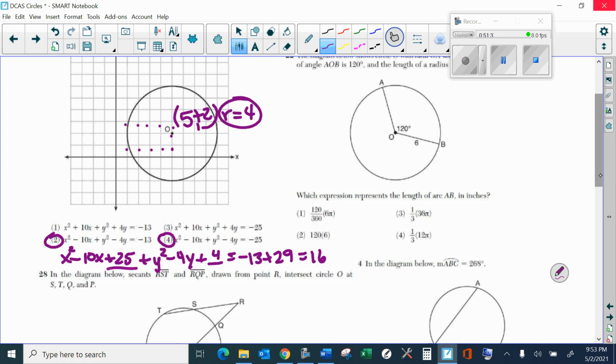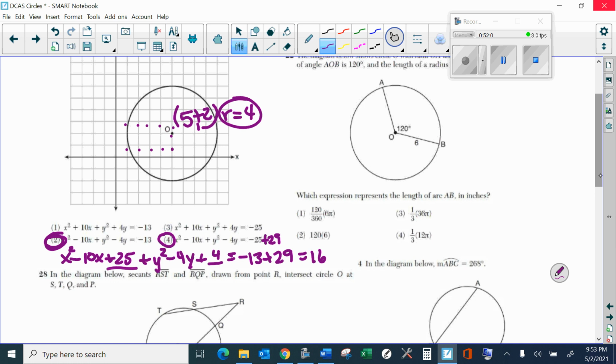And that's the one we want. So it's number 2. The other one would not give us a radius of 4. It would be 29 minus 5, which is 4, and the square root of 4 is 2. Okay, so I don't remember seeing this one before. It's been on there before, but I haven't seen it myself.